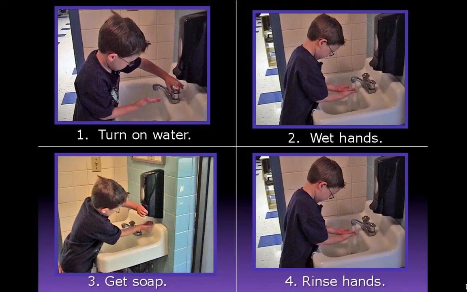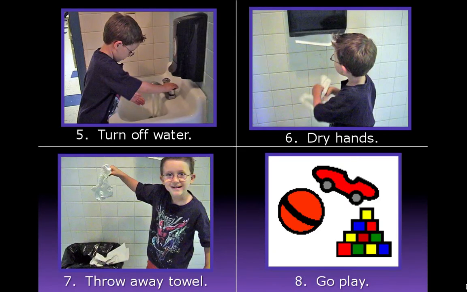Here's an example of a visual routine, and this guides a person through the steps of personal hygiene after they use the restroom. And this teaches expectations in the routine and shows them what's happening next. So you turn the water on first, wet your hands, get soap, rinse your hands, turn off the water, dry hands, and throw away the towel.